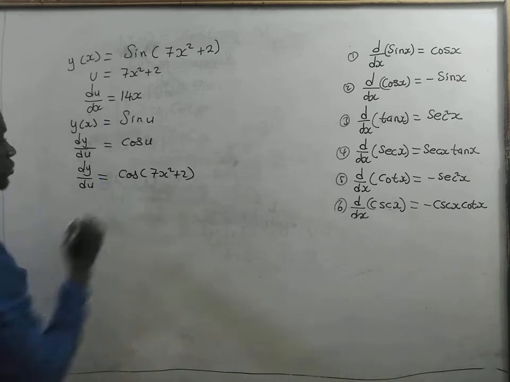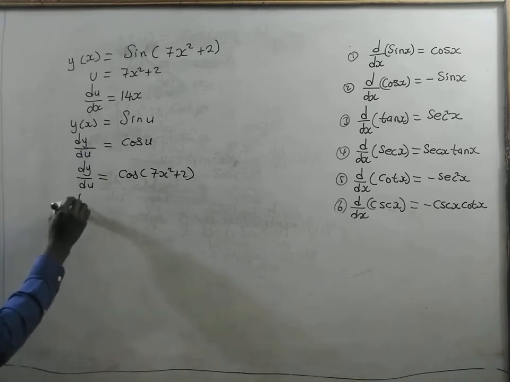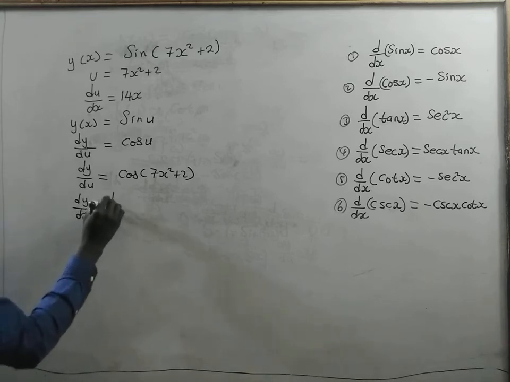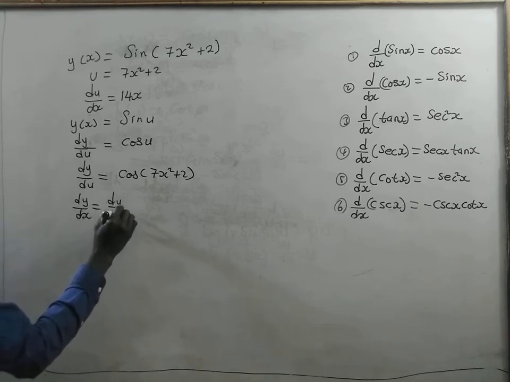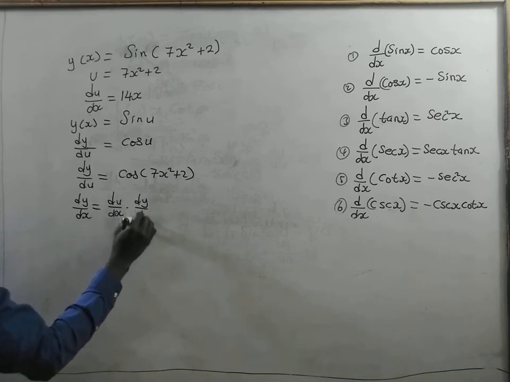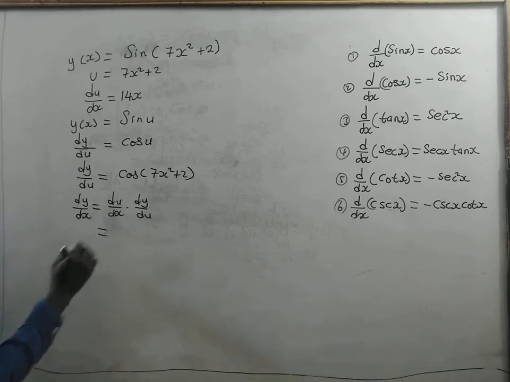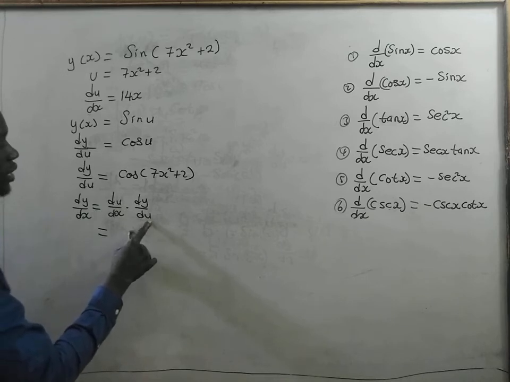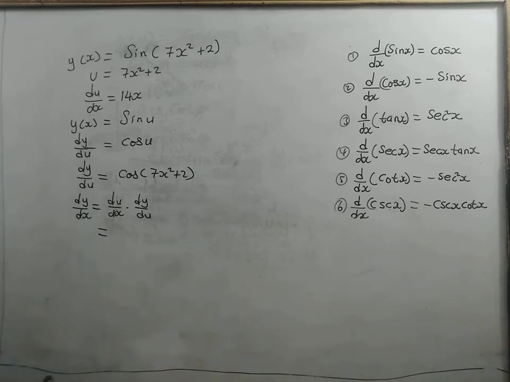So the derivative of y with respect to u is now equal to cosine of u, and u is 7x squared plus 2. So the derivative of y with respect to x from chain rule is equal to the derivative of u with respect to x times the derivative of y with respect to u. Why are we saying it is a chain? See, you have dx, dy, du, du. It will go here like that.